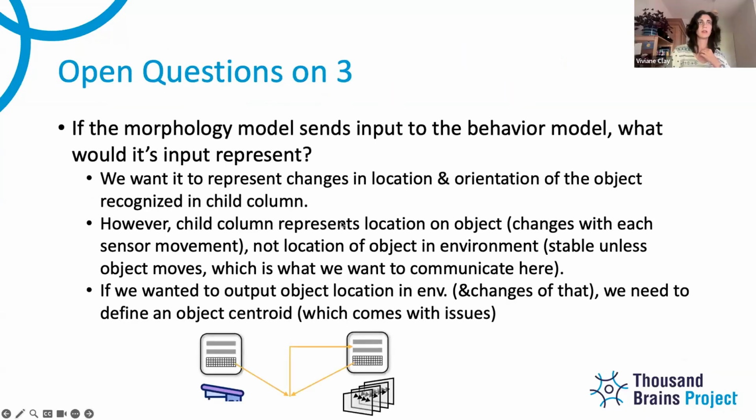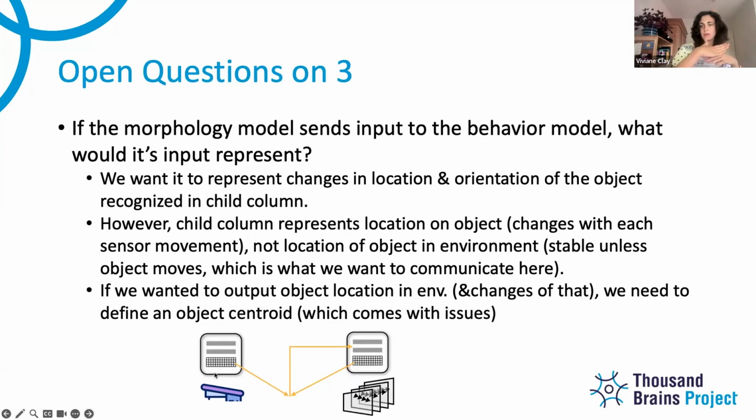Okay, so last slide. I think this relates to what you mentioned, Jeff. If the morphology model is the child and the behavior model is the parent, what would the input represent? And so we wanted to represent changes in location and orientation of the object recognized in the child column.